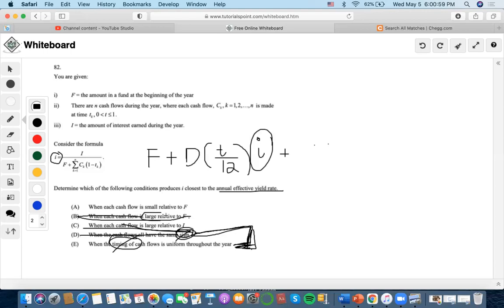They're just mentioning how large relative to F or I are and computing it. We should get rid of these just to make sure that our annual effective yield rate is closest to the I that we're going to measure up to when we solve this whole equation, right? So I'd say that A is the best answer.